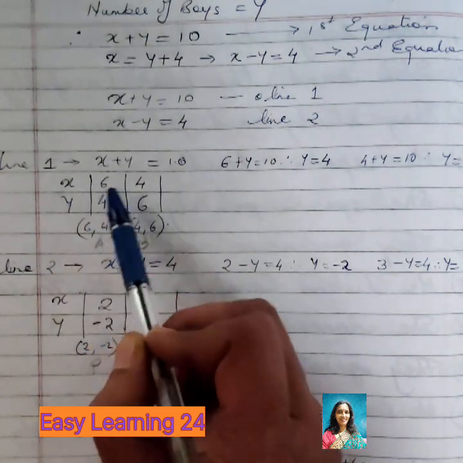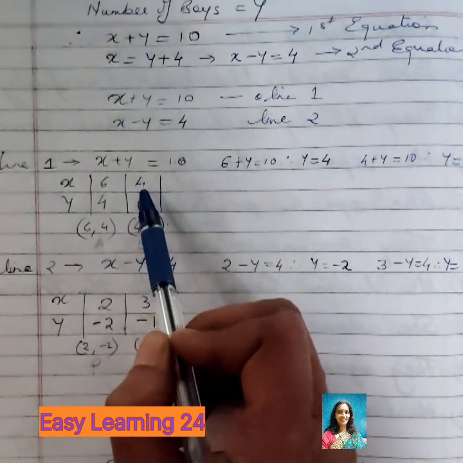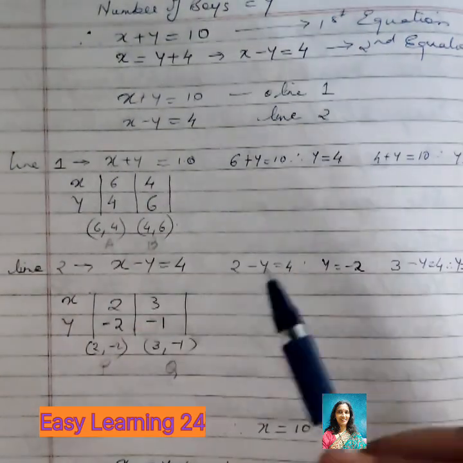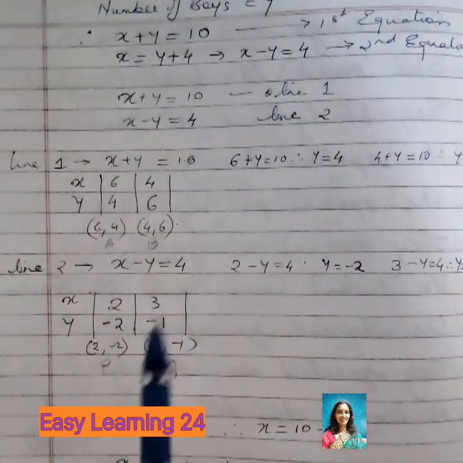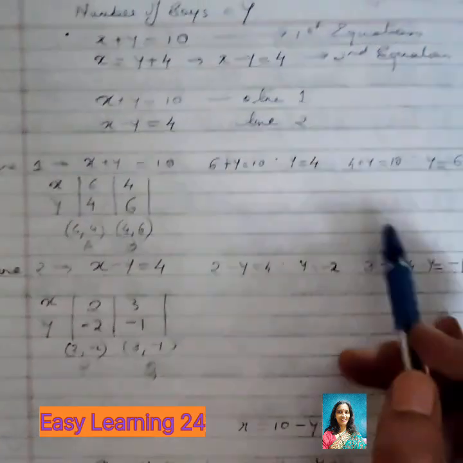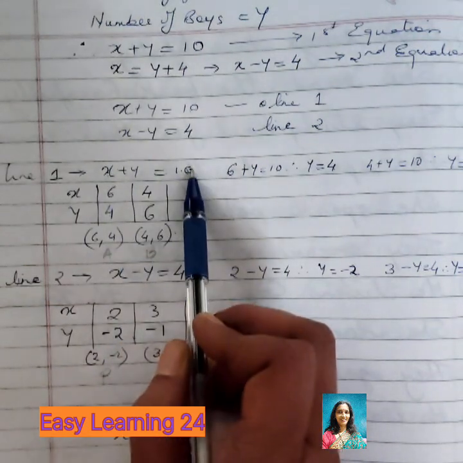X we will assume as 6, and for the next point we will assume it as 4. Okay, this is because we cannot take big numbers because we have to adjust the points and the line on a graph paper. So accordingly we need some small numbers, the answer which comes as a small number. Okay, so we are going to substitute this x in this equation.